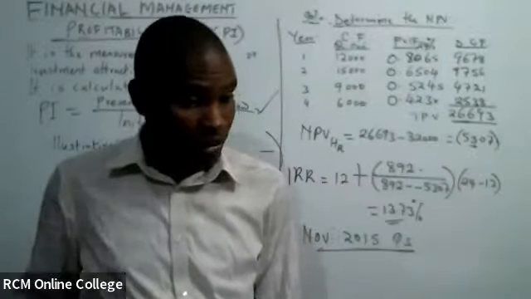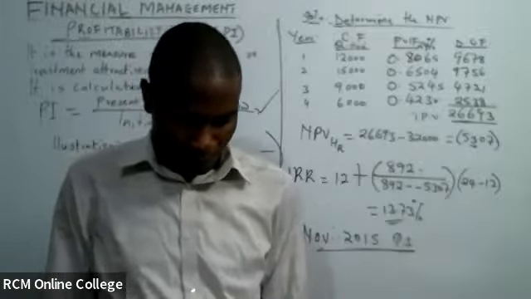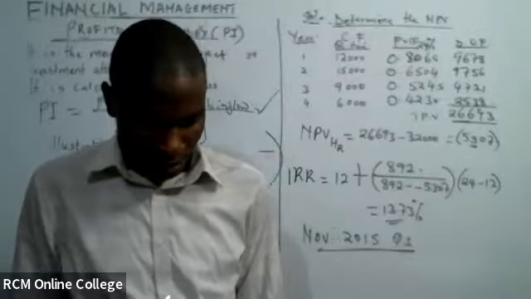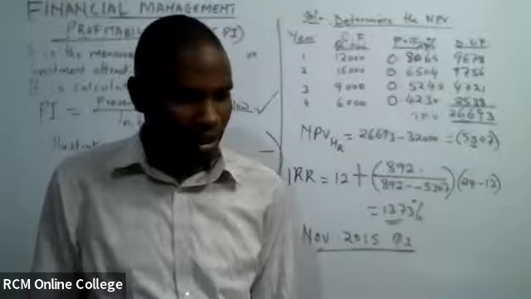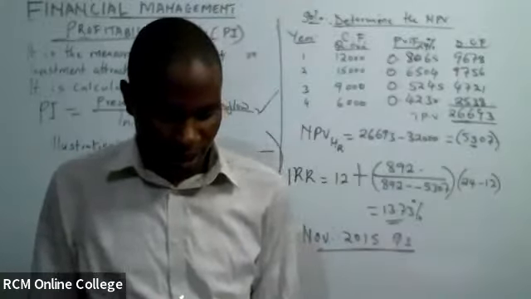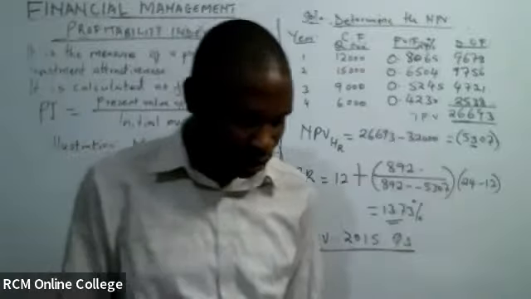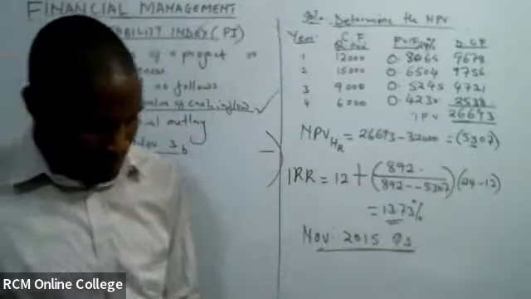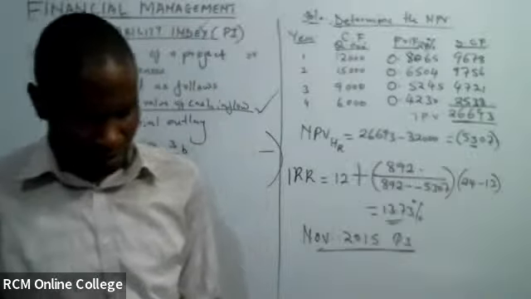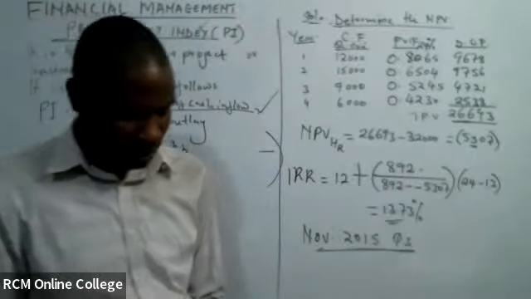The cash flow is 65 million, right? No. That is the initial outlay. Initial outlay is 65 million. Annual cash flow after tax is 21 million. The project economic life is 5 years, and the required rate of return is 12%.